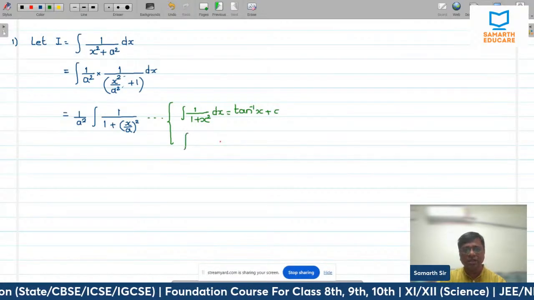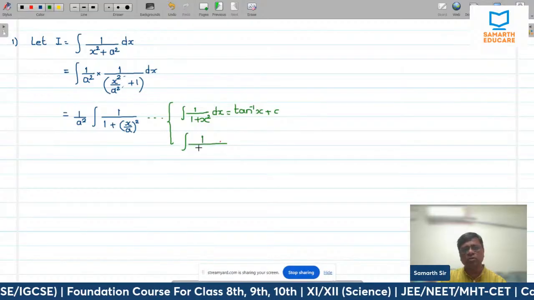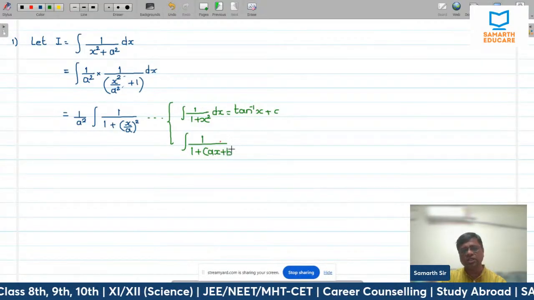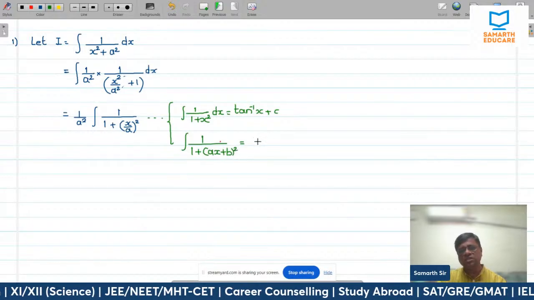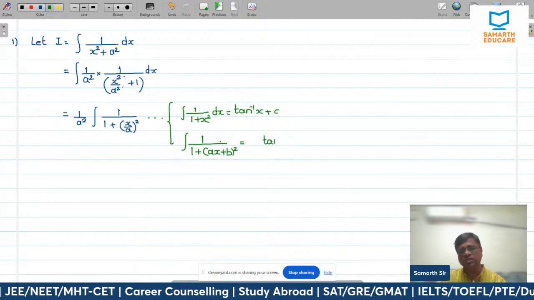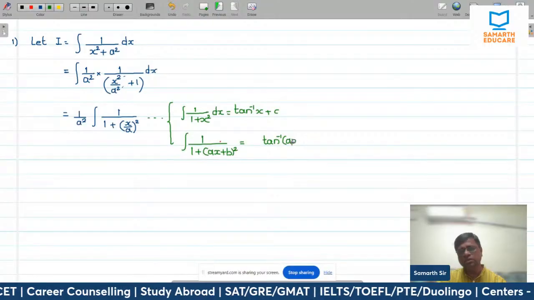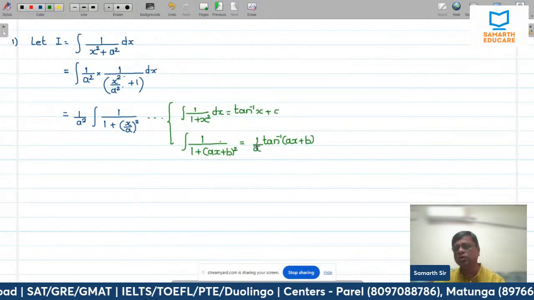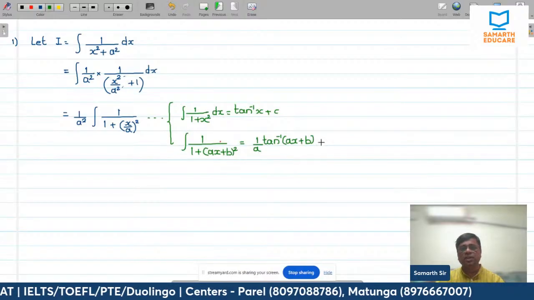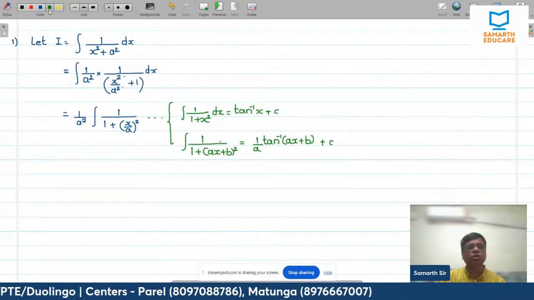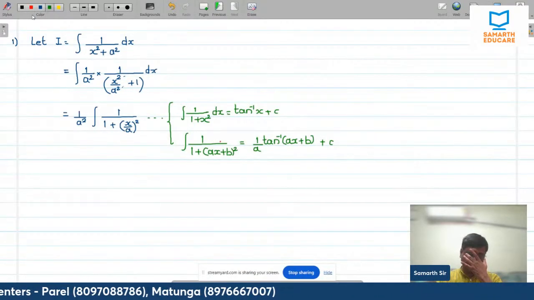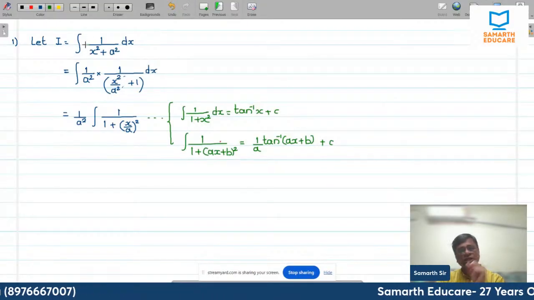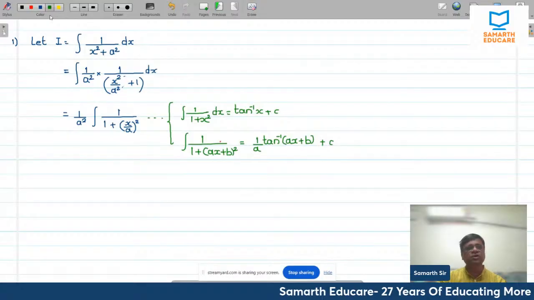Okay, but if it is 1 upon 1 plus ax plus b, that means a linear quantity is there, then the answer remains the same, tan inverse ax plus b. But what is important is we have to divide by the coefficient of x plus c. Okay, this form that we learned last time in the second class, integration of f of ax plus b is 1 upon a, you have to divide by the coefficient of x.